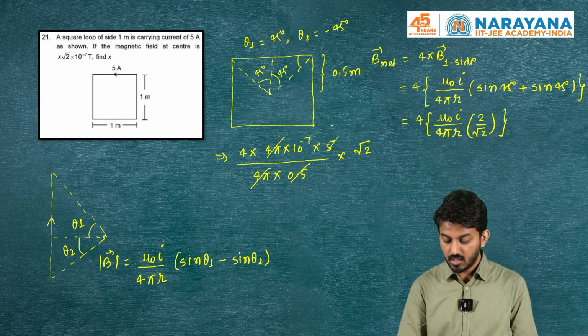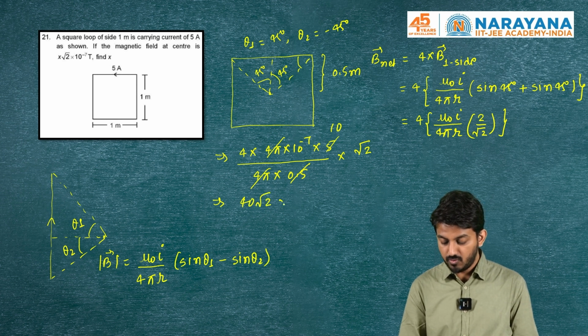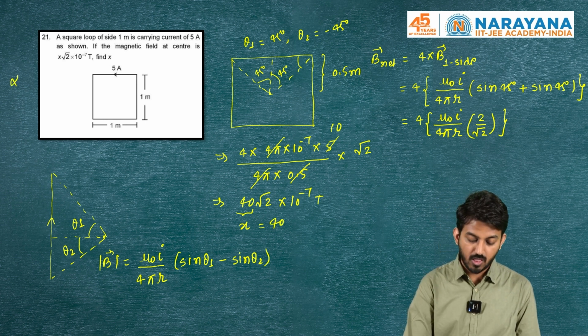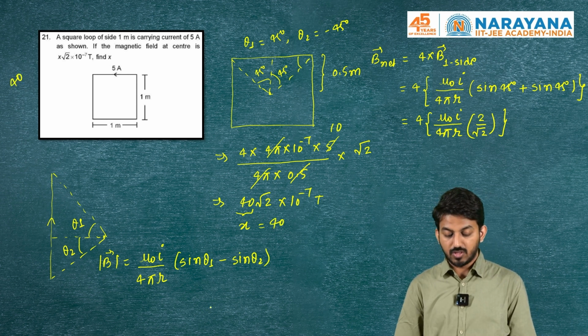Here I get 10, giving us 40 root 2 into 10 to the power minus 7 Tesla. So x here is this, so that's 40. So answer here being 40. So simply we are looking at magnetic field due to each part of the side, and then we are doing 4 times of that.